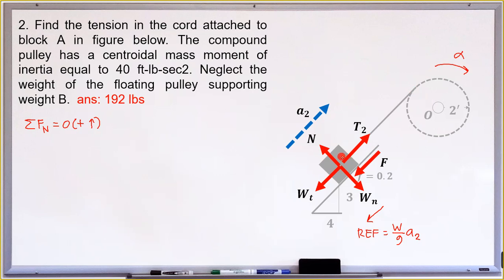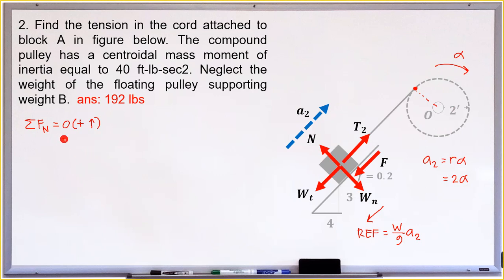So the acceleration of block A is also similar to the acceleration at this point along this circle, which is just the product of the radius and alpha. So we have a2 equal to the small radius times alpha, which is 2 feet times alpha. So we have the relation for a2.